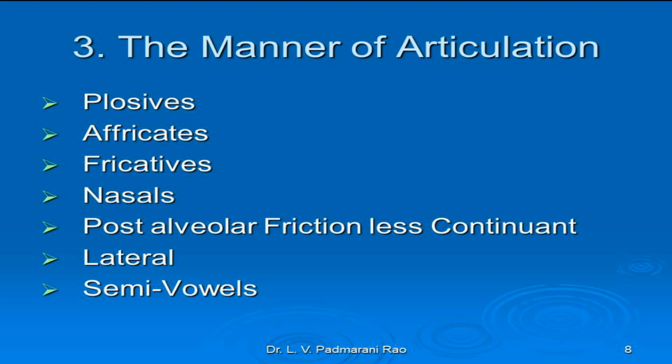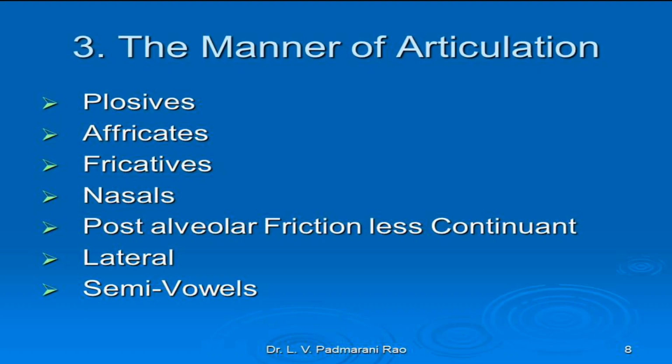The next is what is called fricatives. The fricatives are those wherein the active articulator comes very, very close to the passive articulator to form a very narrow gap. There is no closure at any point in the vocal tract as we find in plosives or affricates. The soft palate is raised to block the nasal passage of air. When the air passes through the narrow gap between the articulators, it causes audible friction, and hence they are called fricatives.